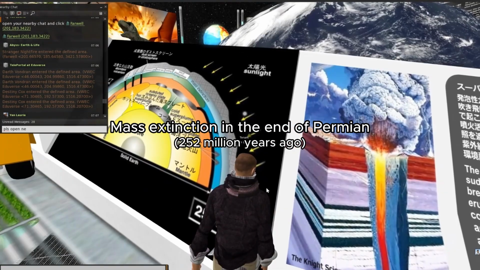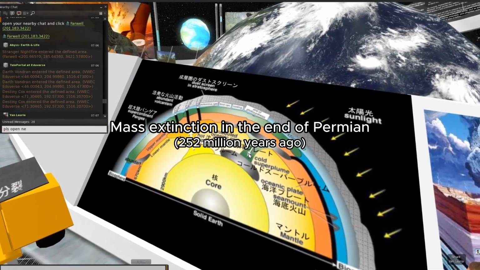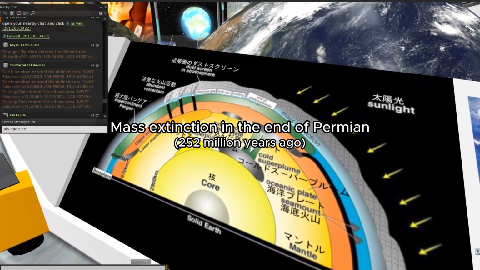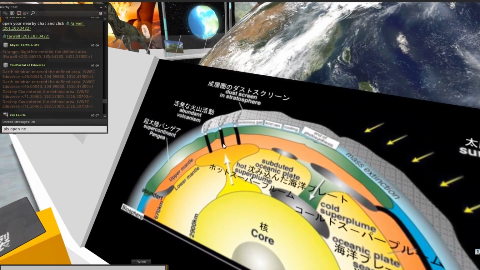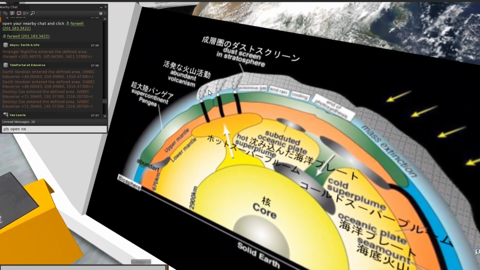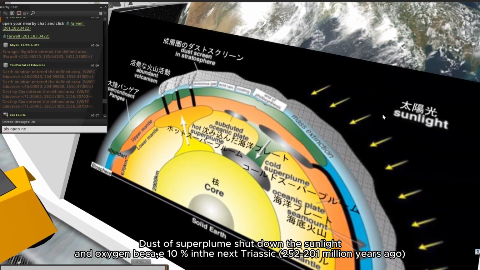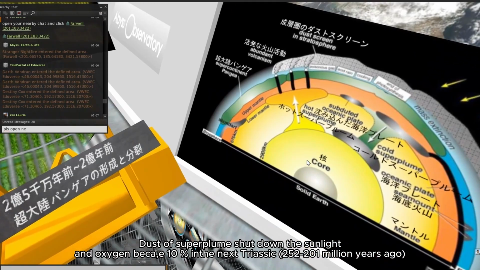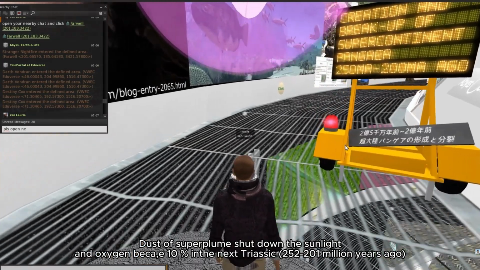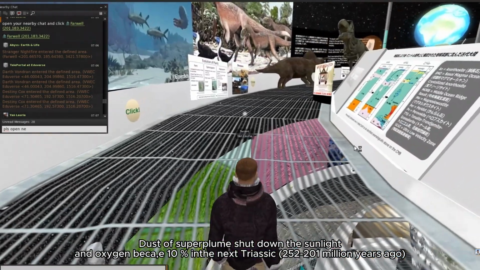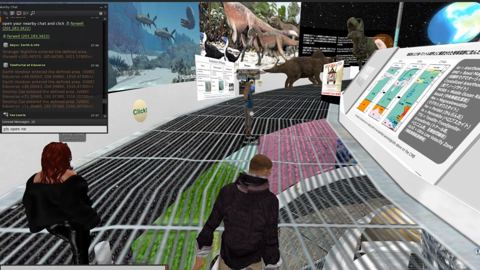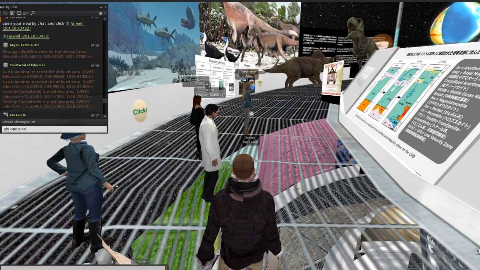A cold slab collapsed into the core, and a super hot plume appeared in the Siberian continent, and a lot of dust shut down sunlight, and oxygen decreased down to 10%. So almost all coelacanths couldn't survive, but modern species appeared.